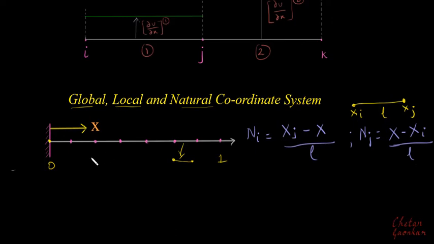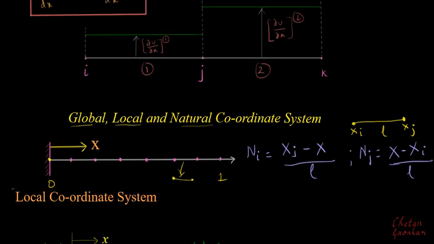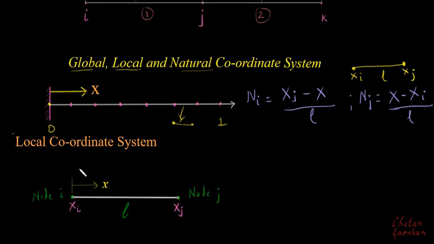Now let us see what the local coordinate system is. In case of the local coordinate system, the coordinate system is placed at the start of the element. So if I consider this typical element again, the coordinate system is not placed at the start of the entire domain, but at the start of that particular node.